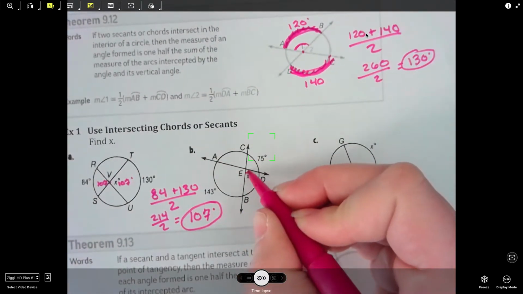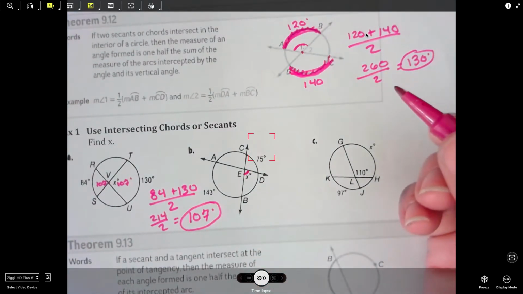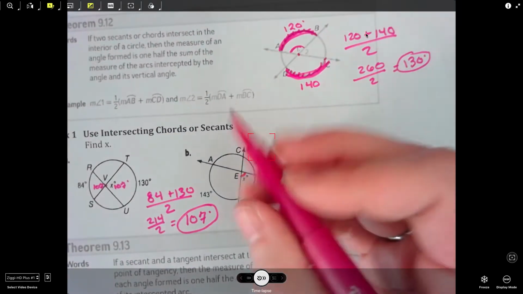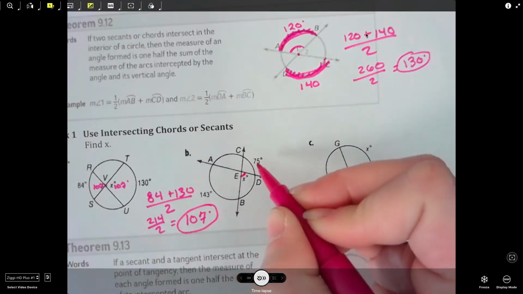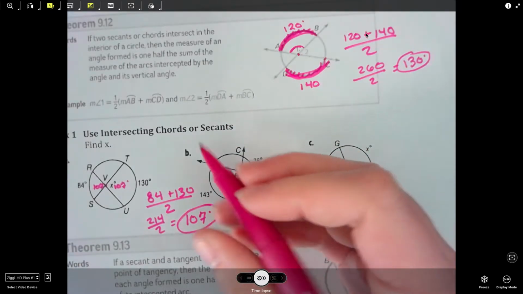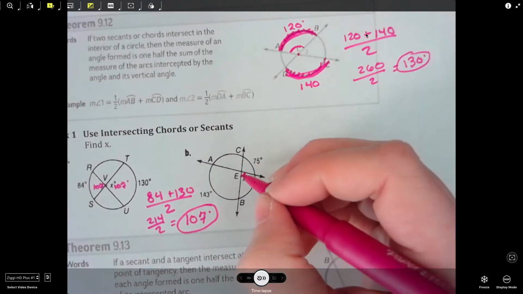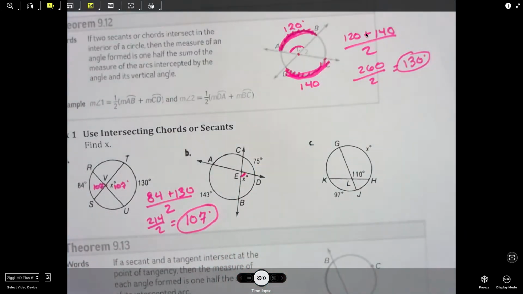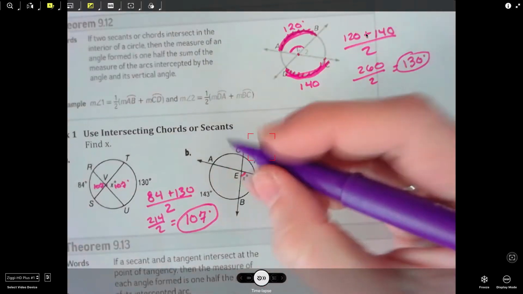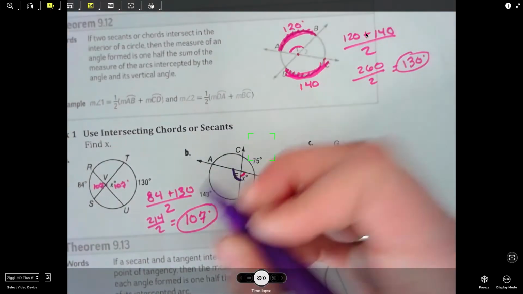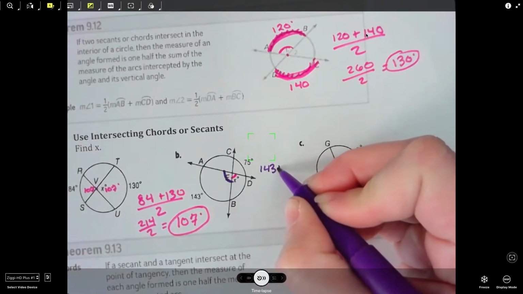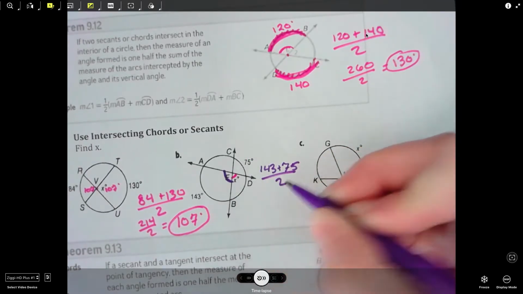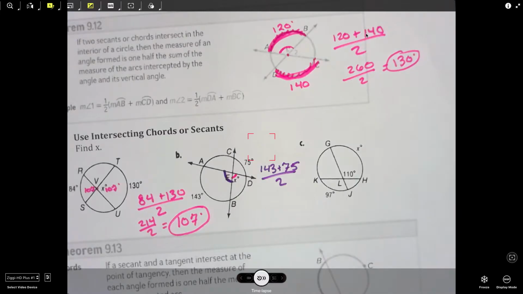Now this angle right here is a little bit different. It is not across from the 45 and 75, or excuse me, 143 and 75. To find this angle on this side, we would average the 143 and 75 together. 143 plus 75 divided by 2.